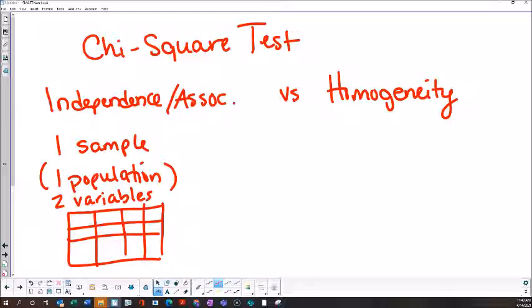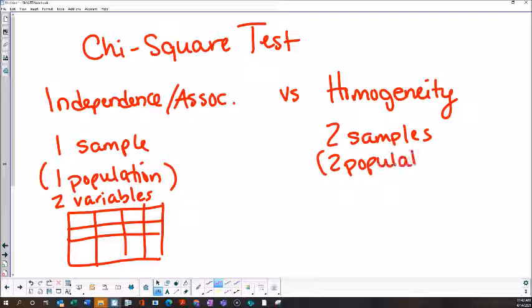Homogeneity, you're comparing a distribution across two samples, which is two populations. And this also includes anytime you have an experiment.